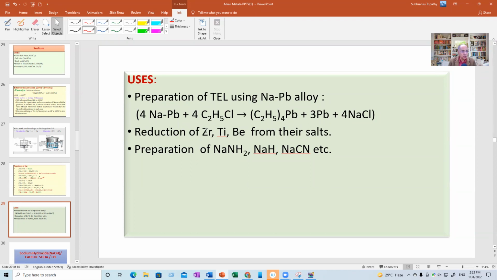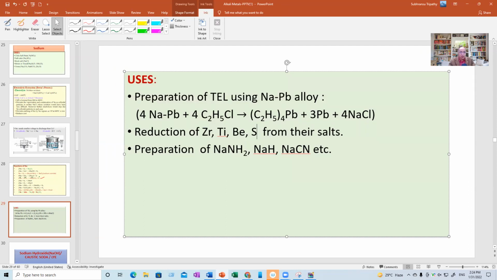And as a reducing agent to extract or to get several elements, including silicon, we have seen titanium, germanium, magnesium. Whichever are less reactive than sodium, sodium can be used as a reducing agent to knock them out from their salts. And preparation of many compounds of sodium that we shall study.